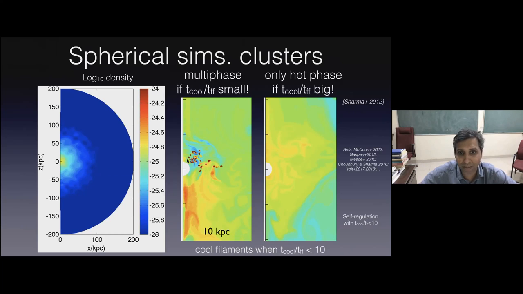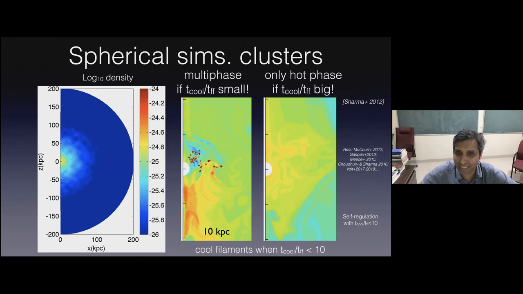Whenever t_cool over t_ff is less than around 10, the dense regions condense and form these nuggets, which are at 10^4 Kelvin, the temperature of the stable phase. Whereas in the other case, where t_cool over t_ff is big, greater than 10, like 20, 30, then we don't see this condensation, even if we wait for many, many cooling times.